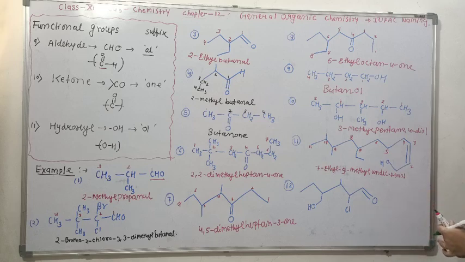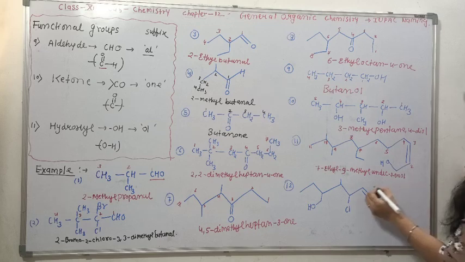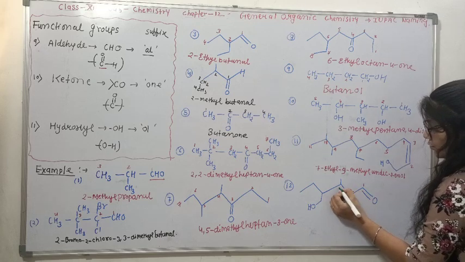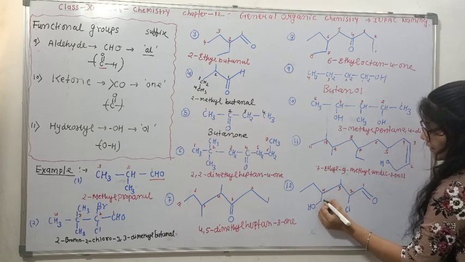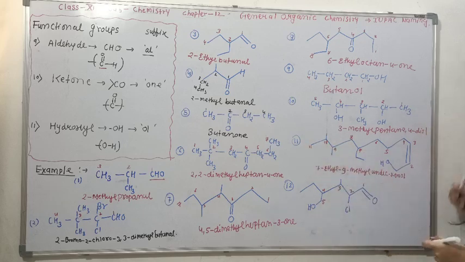Last one. See, the last compound has two functional groups. One is aldehyde and the other is alcohol. So obviously we'll give priority to the aldehyde. So it's 1, 2, 3, 4 and 5. We will not go for the 6 carbon chain because in that chain our alcoholic group will not be there.